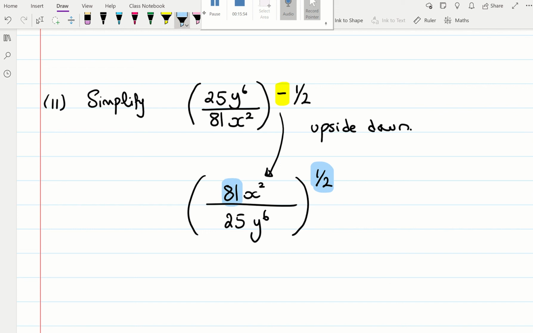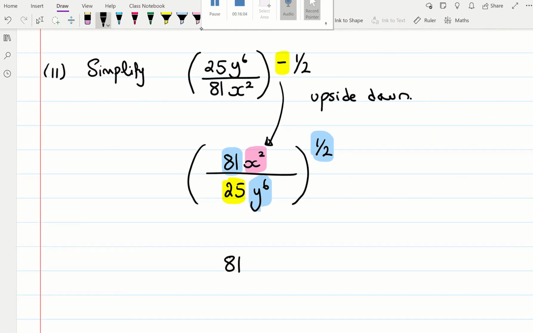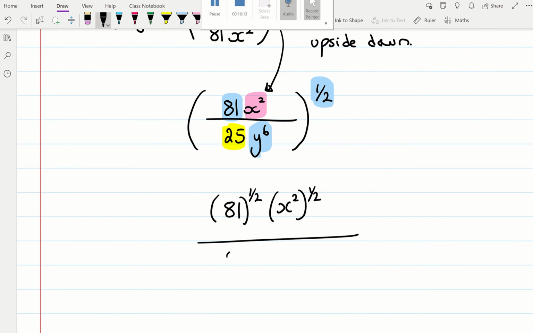The 81, the 25, the x squared, and the y to the power of 6. So this is how I'm going to write it. 81 to the power of a half, x squared to the power of a half, over 25 to the power of a half, y to the power of 6 to the power of a half.